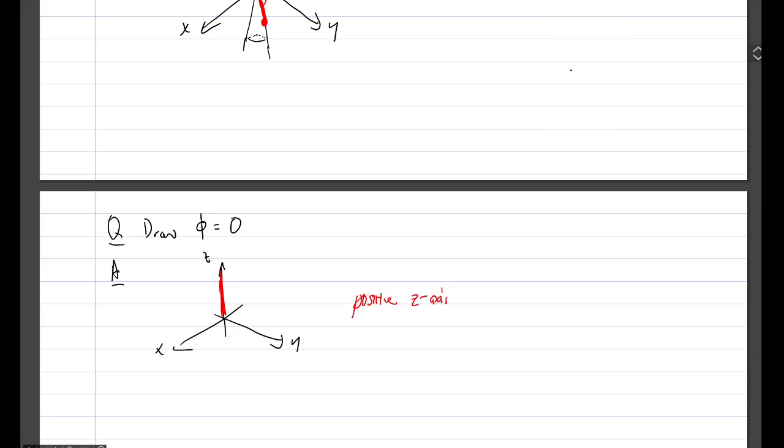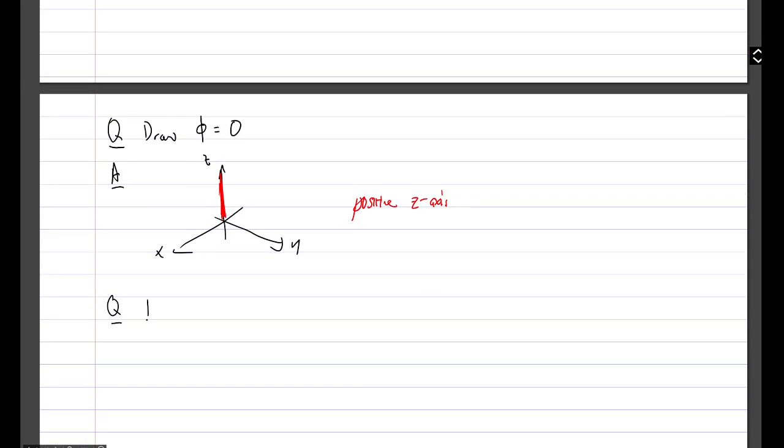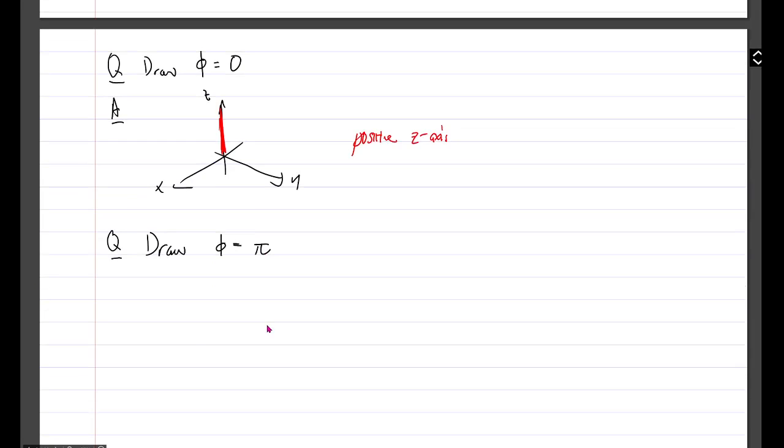Okay, let's do another. Got to really practice and understand these spherical coordinates. There's a lot of geometry going on, and that is really key to understand. So let's draw phi equal to pi radians. We would include a point if, when you draw from that point to the origin with a straight line segment, that line segment together with the positive z-axis creates an angle of pi. Again, think of using this language yourself to understand what's going on.